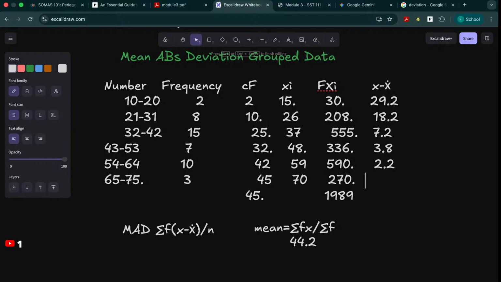Then this is wrong, this is wrong. So 48 minus 44.2, then we have 59 minus 44.2, we have 14.8.